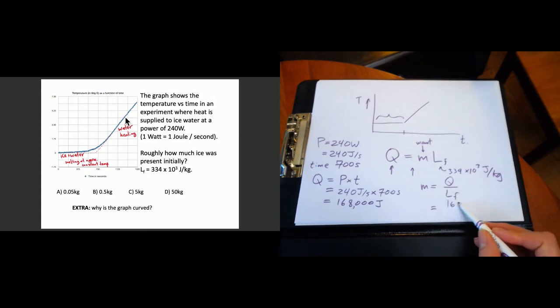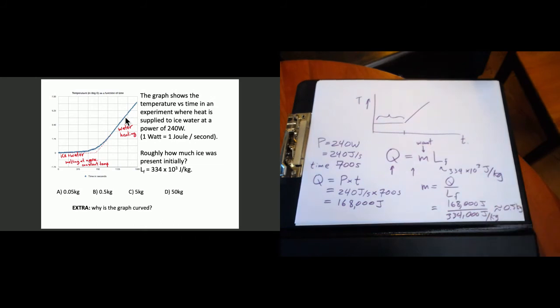So 168,000 joules divided by 334,000 joules per kilogram. And that's approximately equal to 0.5 kilograms. So the answer for that one was B.